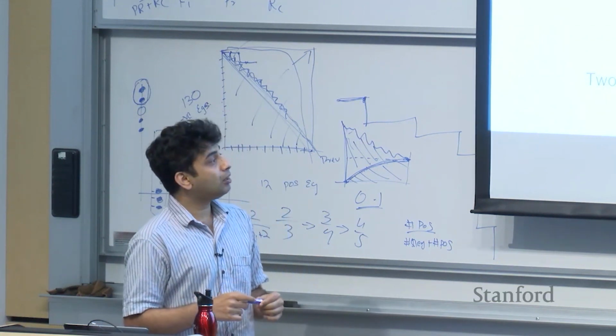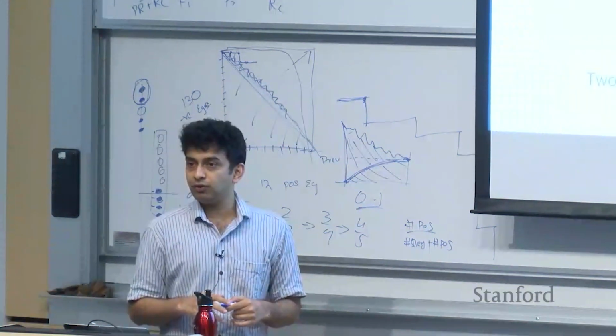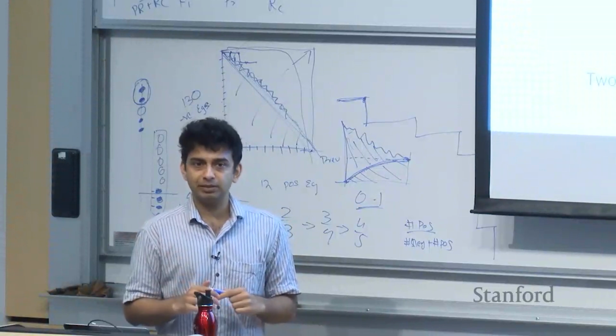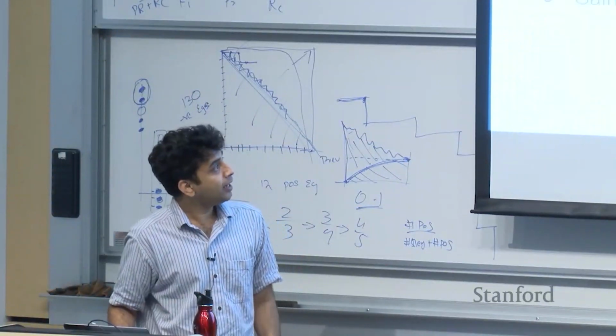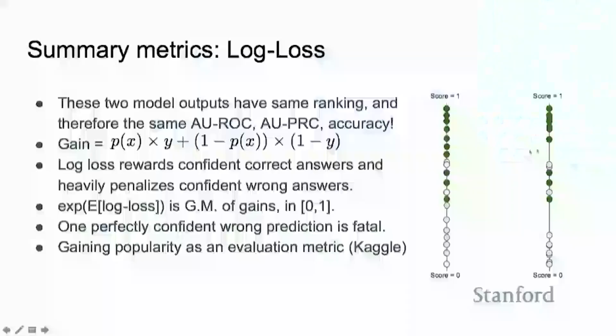So all the metrics that we've seen so far are ranking based metrics. And as we can see, here are two situations which qualitatively look very different, but from the point of view of all the metrics we've seen so far, they're exactly the same. That's a motivation for something called the log loss.